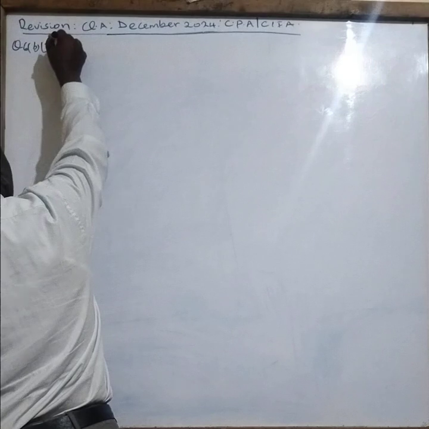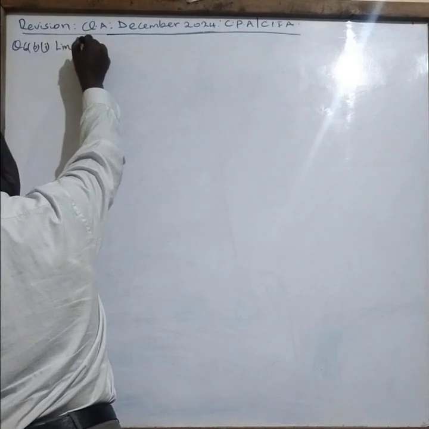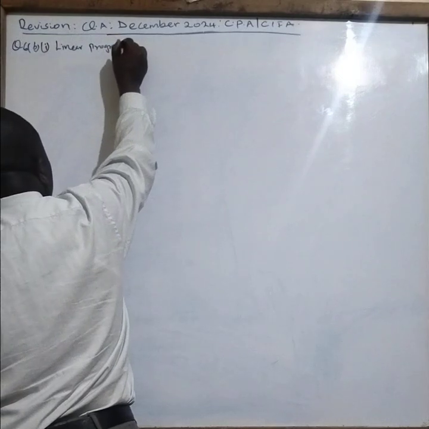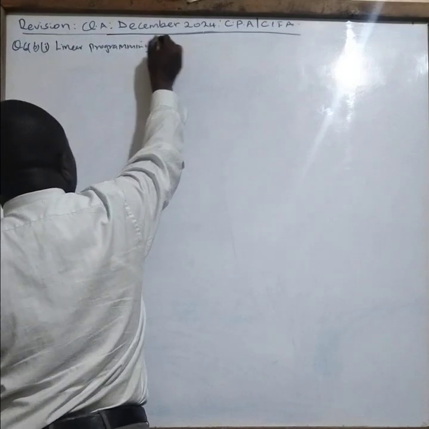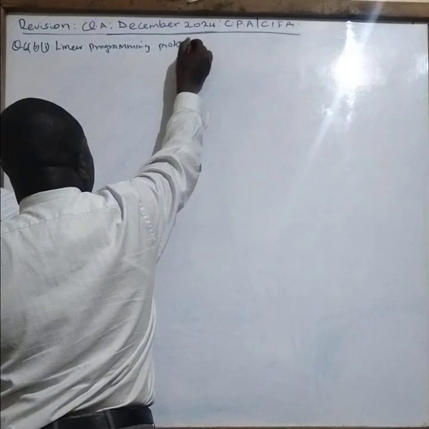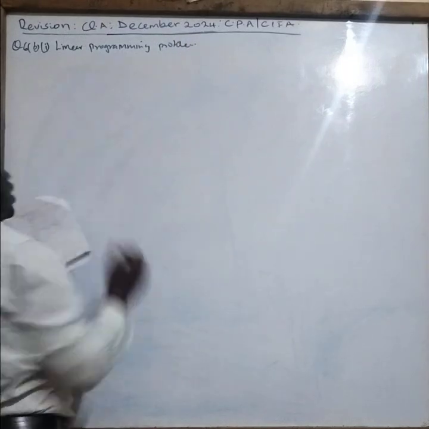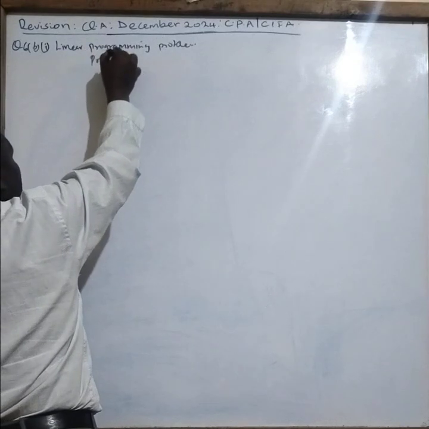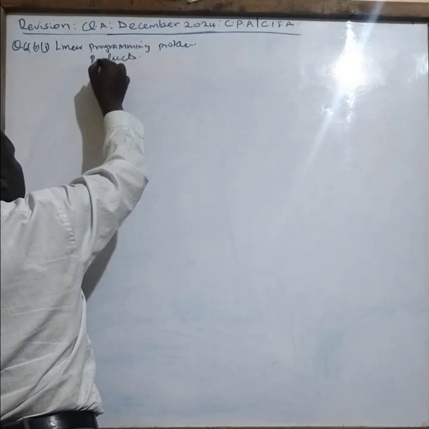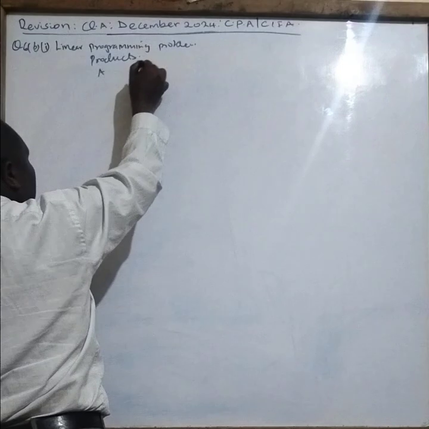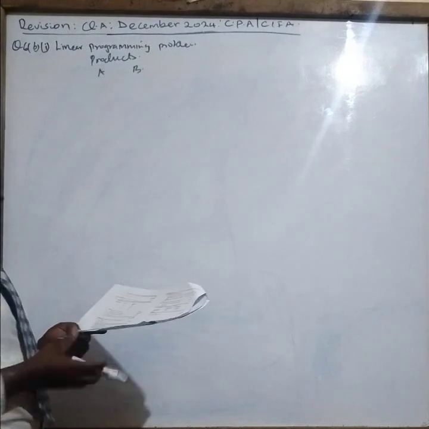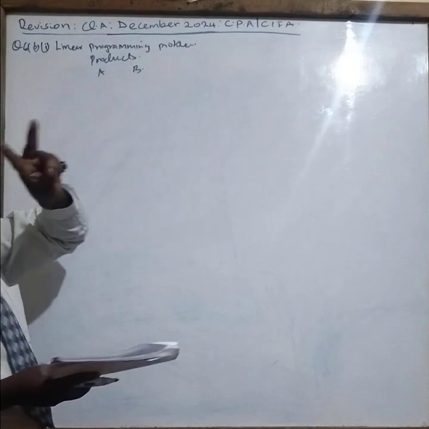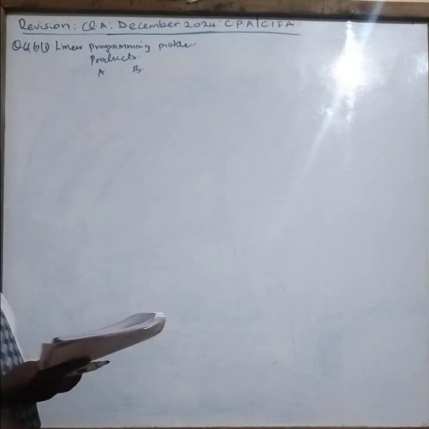Roman 1 is about the linear programming problem. First, they are saying there are two products, product A and product B. These need two resource constraints.